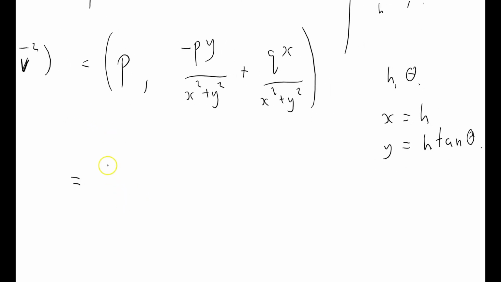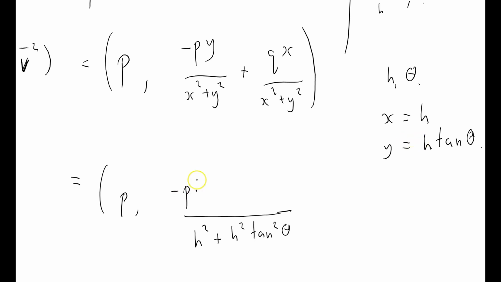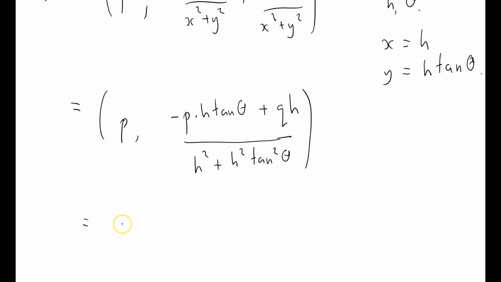So I'm just going to substitute for those values there. That's going to be p, and then it's going to be over x squared plus y squared, which is h squared plus h squared tan squared theta. Of course, this will simplify a little bit, and it's minus p times y from here, which is h tan theta, plus q times x, which is just h, equals p, and then of course that's h squared. 1 plus tan squared is sec squared theta, and I'm going to take out a factor of h, which is going to be minus p tan theta plus q, I think.